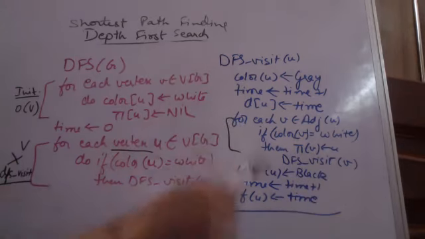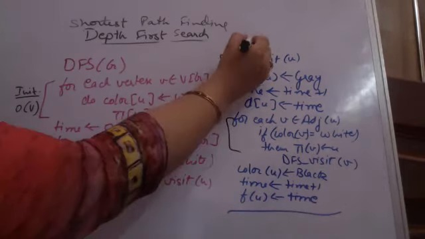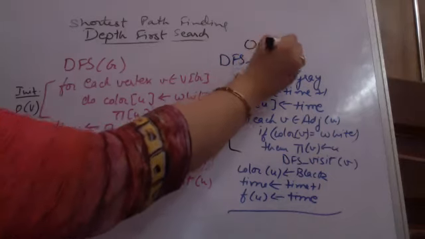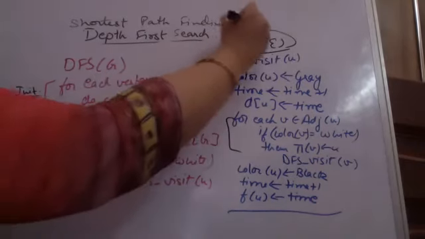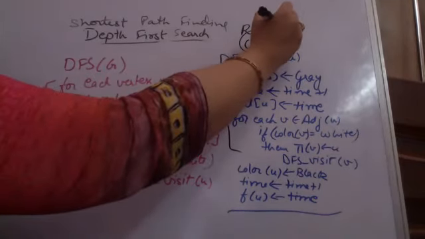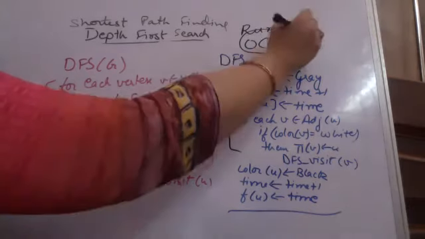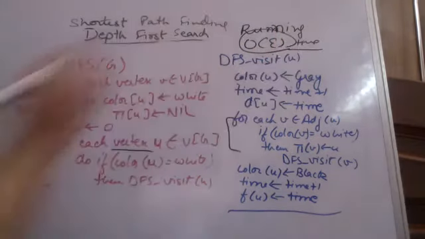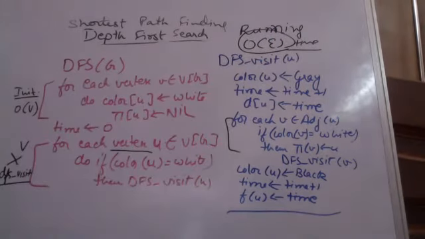So the running time for DFS visit is of the order E, number of edges. ये clear हुआ? Running time of DFS visit. Yes, ma'am. The cost of running DFS visit is of the order E time.